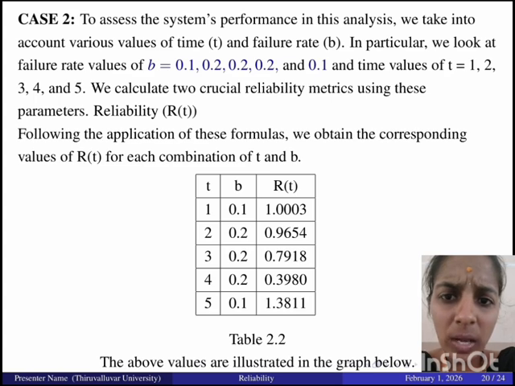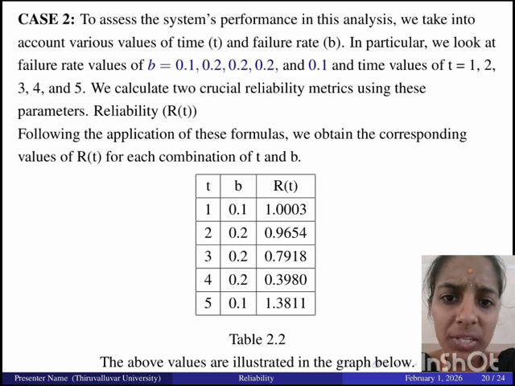In case 2, to assess the system's performance in this analysis, we take into account various values of time t and failure rate b. In particular, we look at the failure rate b equal to 0.1, 0.2 and 0.1. Time values are 1, 2, 3, 4 and 5. We calculate the 2 crucial reliability metrics using the parameter R of t.